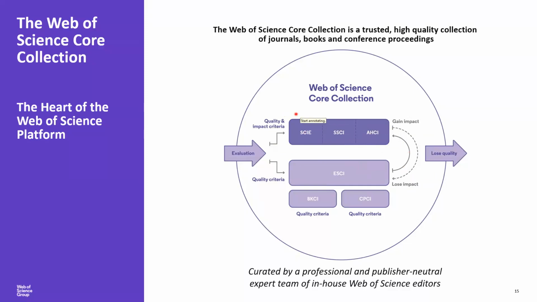This is similar to an Olympic Games. For example, only the qualifiers for the different sports groups can participate in the Olympic Games. The qualifiers are already very good athletes. So ESCI, Emerging Sources Citation Index, is equivalent to these qualifiers. They haven't run the race yet, but they are good athletes.